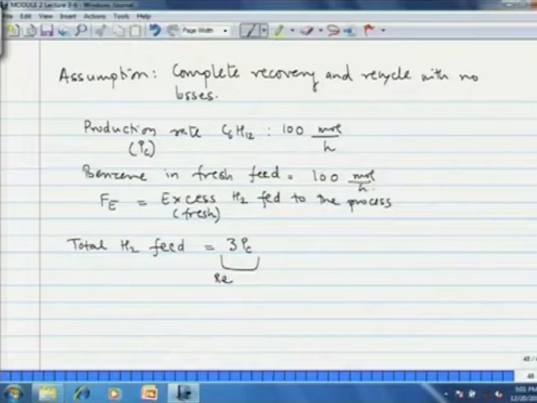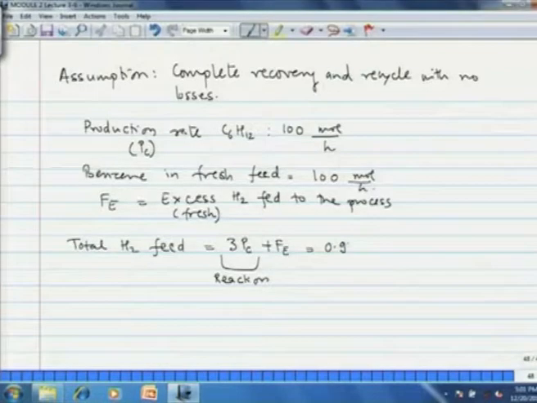So, the hydrogen for the reaction will be 3 Pc plus the excess hydrogen.